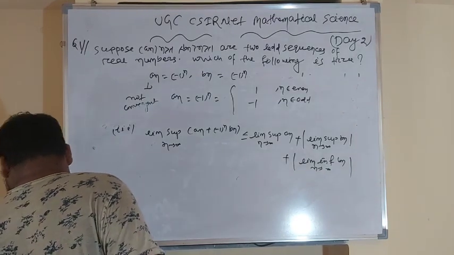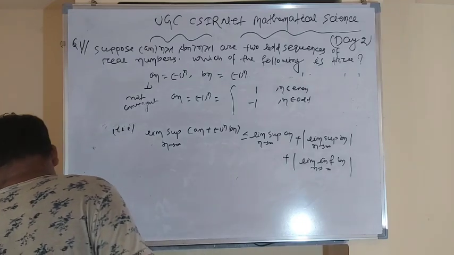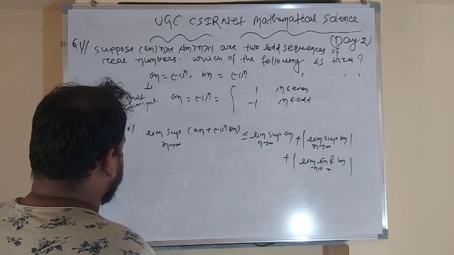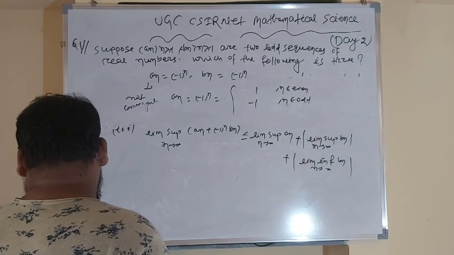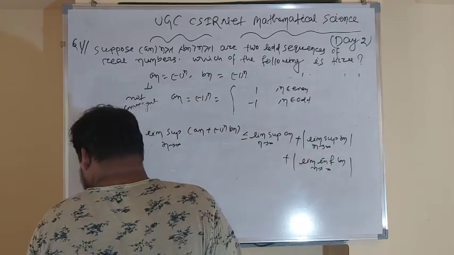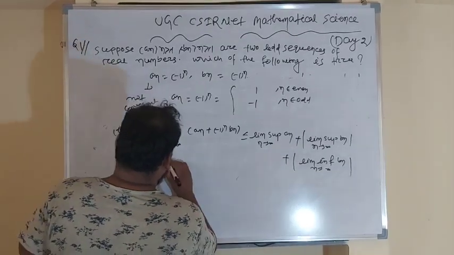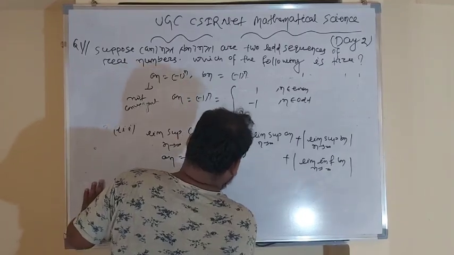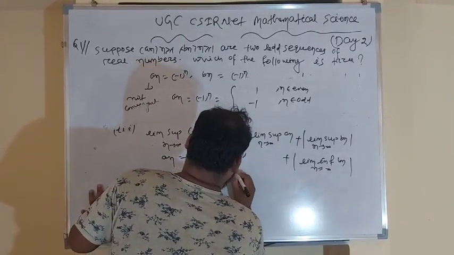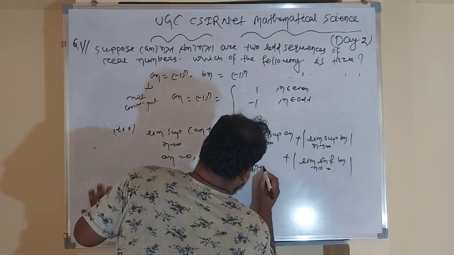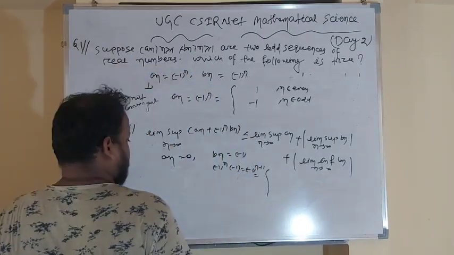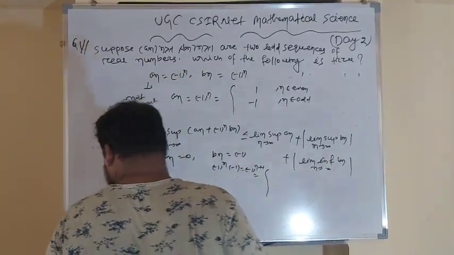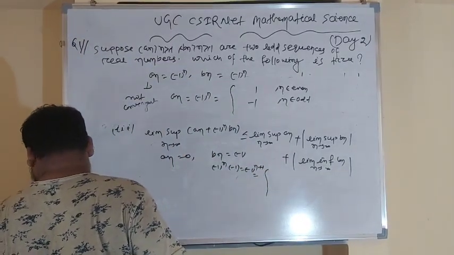Suppose an is any constant term and bn is what? bn is minus 1. So (-1)^n over n into bn is minus 1 over n, and then minus 1 over n plus 1.